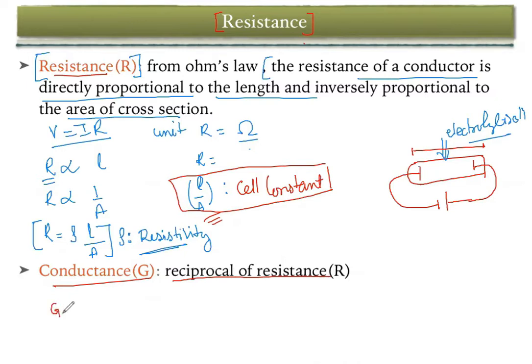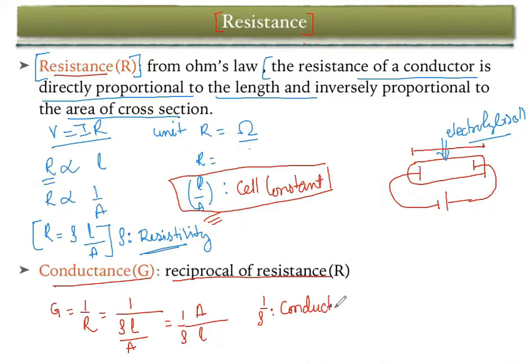So we can write G is equal to 1 by R. As we already know, R is equal to rho L by A. So G is 1 by rho, where rho is resistivity, times A divided by L, that is equal to A divided by rho L. Here, 1 by rho is called conductivity, and its symbol is K, which stands for kappa.